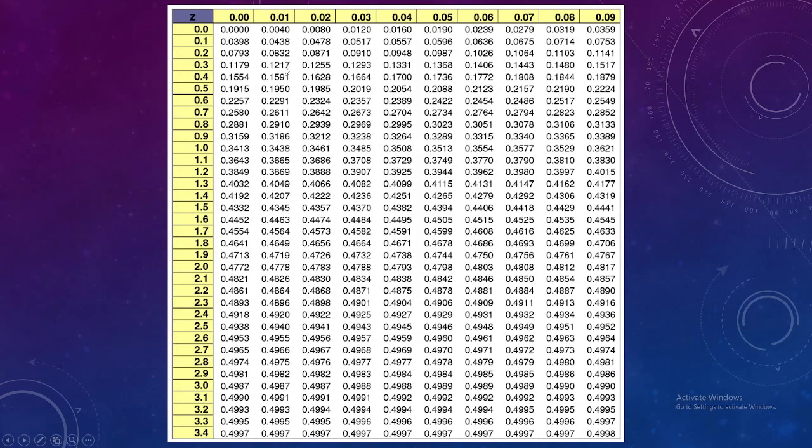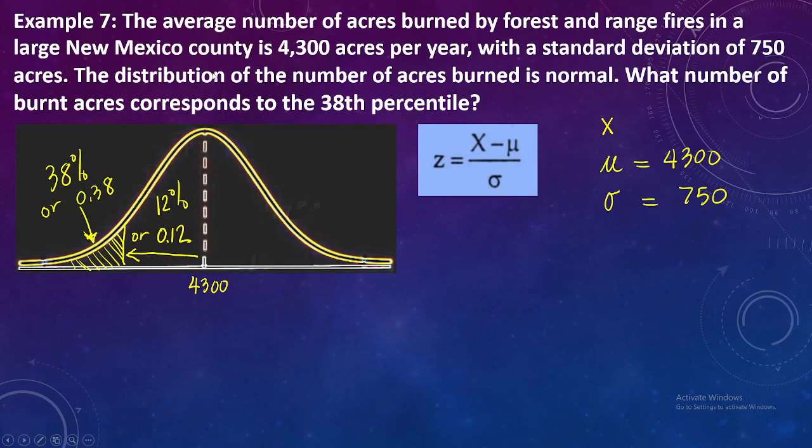So I'll be using the z of 0.31. The z here is negative 0.31. Take note, I'm using a negative sign because it's located over to the left side. So take note, this is now our z.